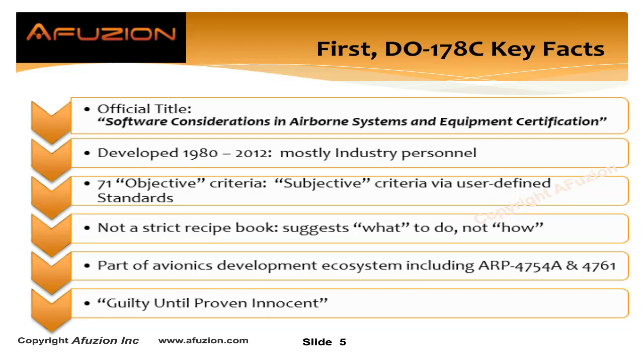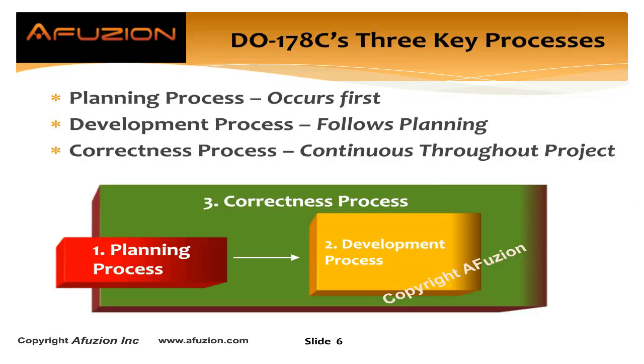Here's the overview. On the left is planning. Planning is small. It's red. It's important. It's on the left, so it comes first. After planning, we're ready to start development. Development is not coding. Development is safety, systems, software, high-level, low-level requirements, the design, then the coding implementation, then integration.